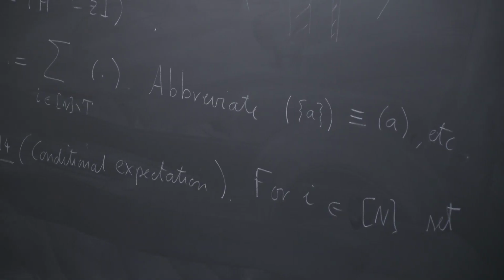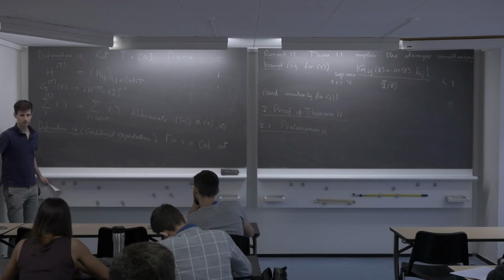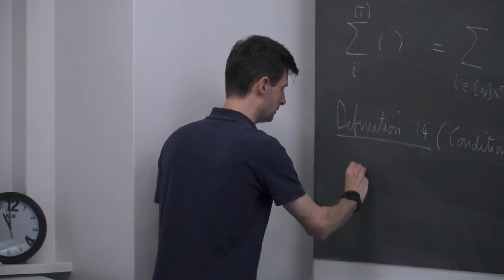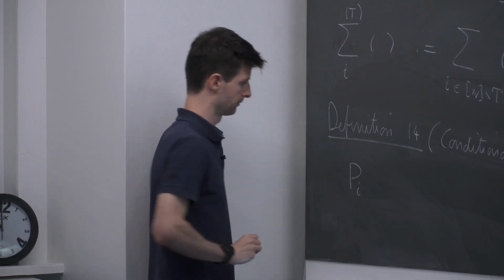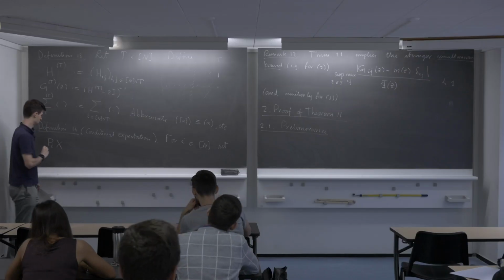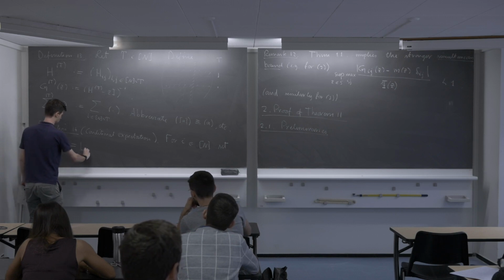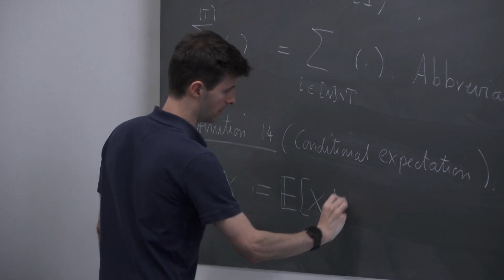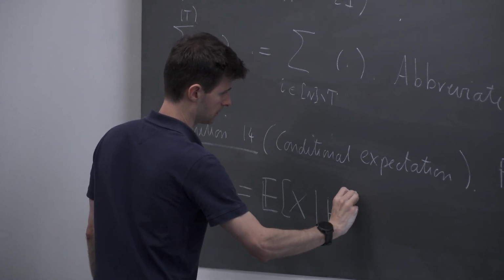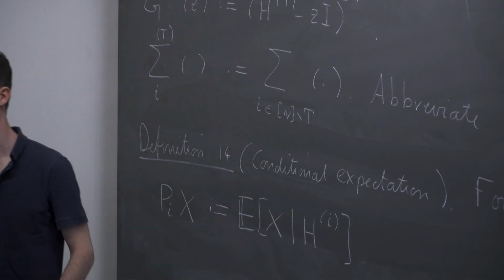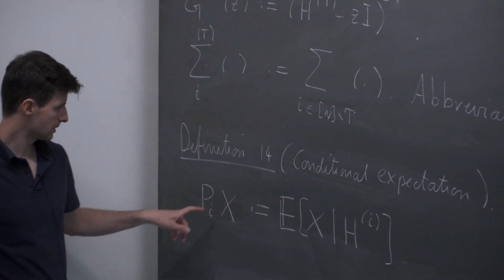In fact, it's an orthogonal projection in the space of random variables, in the L2 space of random variables, which I call Pi. And this is applied to a random variable X. And this is by definition equal to the conditional expectation of the random variable with respect to H_i. Okay, so this is the definition of Pi.